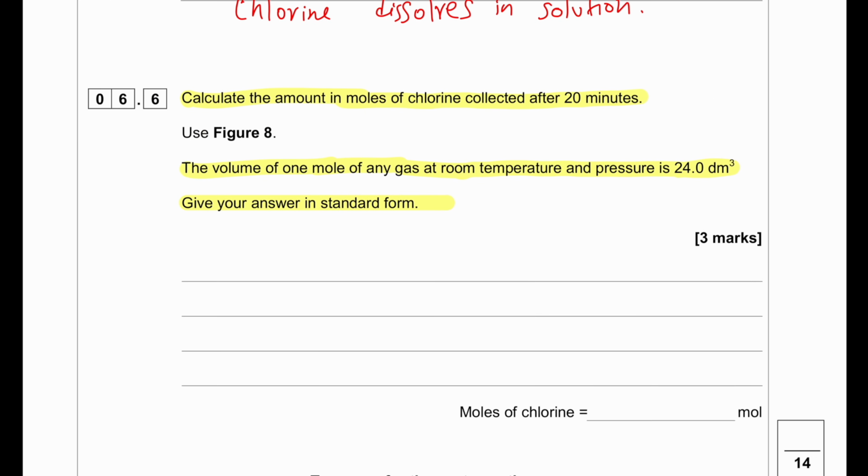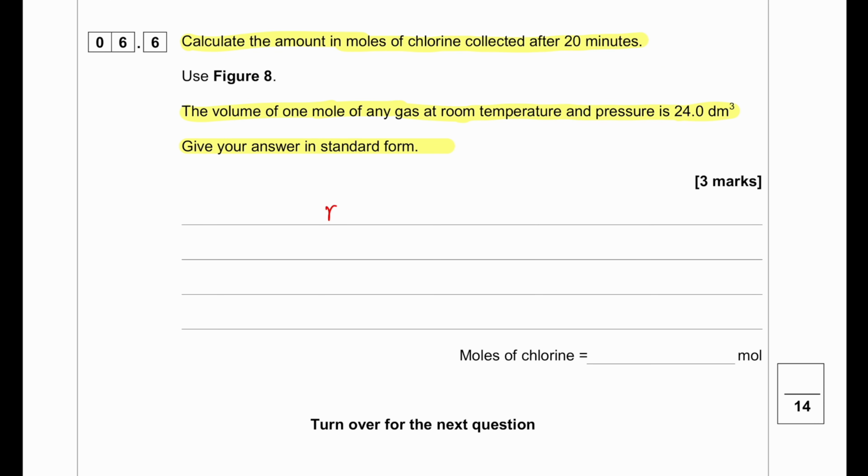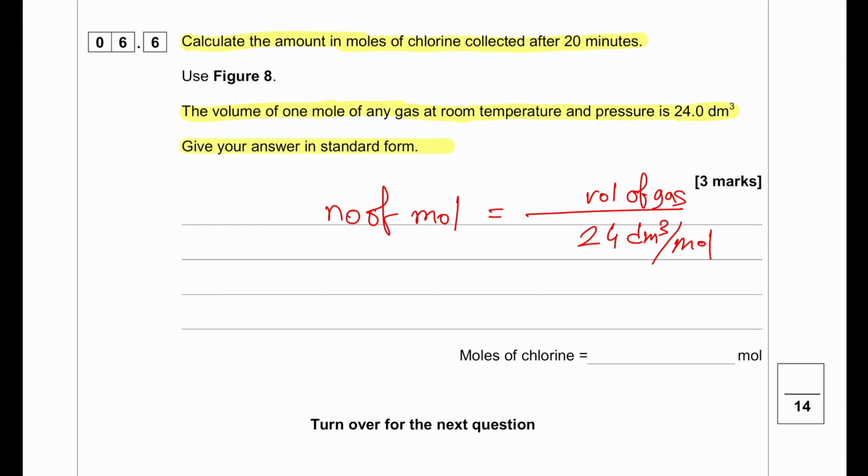So what we need to do is, to find out the number of moles, we have to have volume of the gas divided by molar gas volume per mole. So 24 dm cube per mole. So since our volume is 6.6 cm cube, we have to divide it by 1000 to get it converted into dm cube.